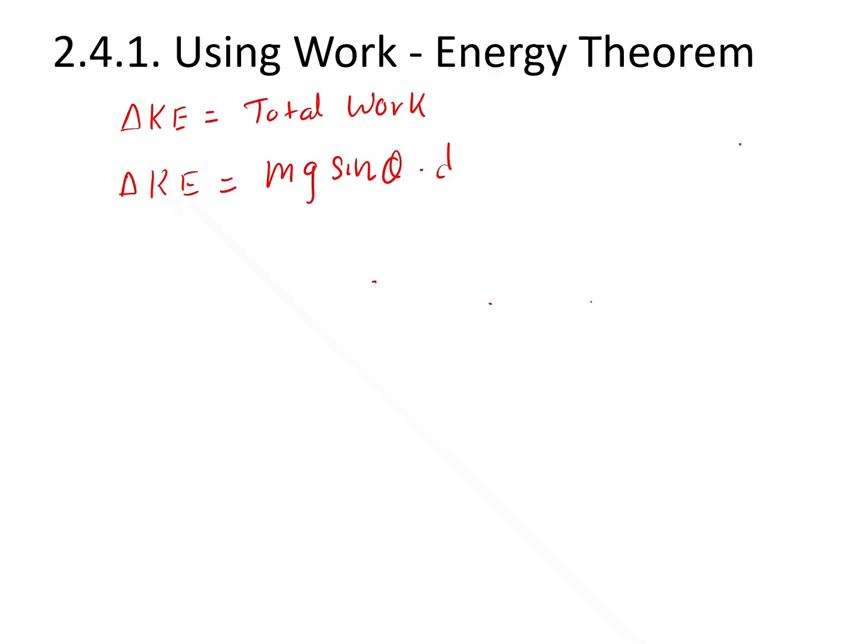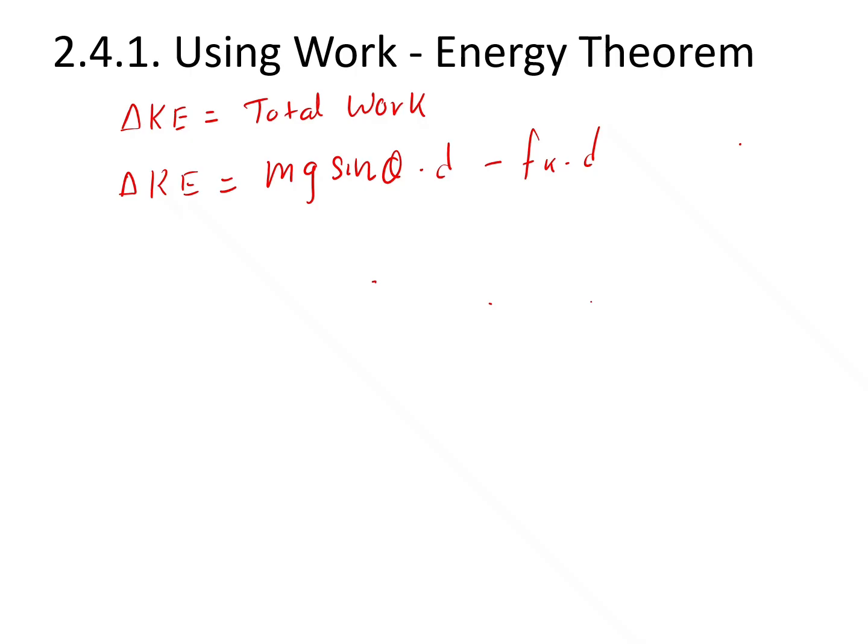This is positive because it is in the direction of displacement. The work done by kinetic friction is negative Fk times d because friction points opposite the displacement. So the total work is mg sine theta d minus Fk d.